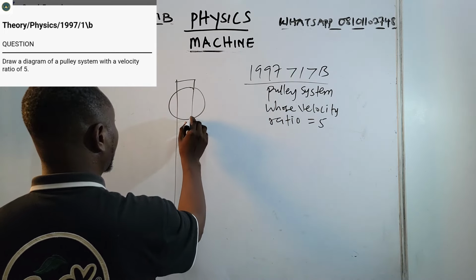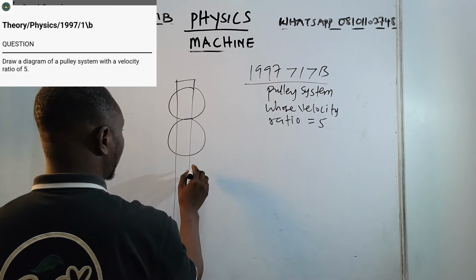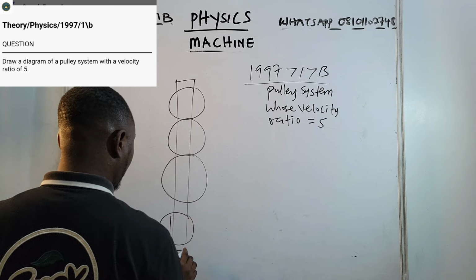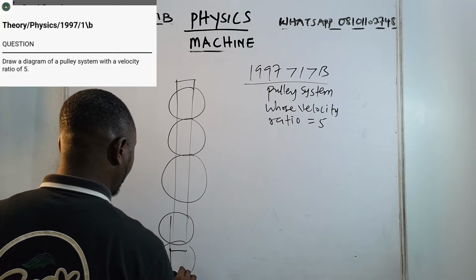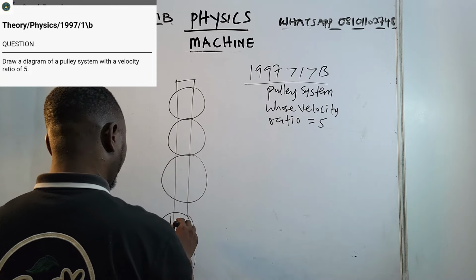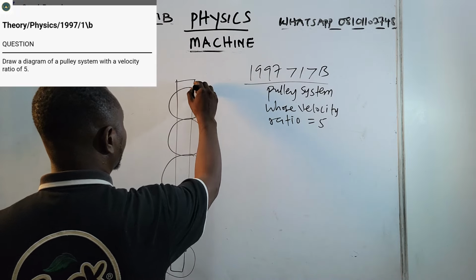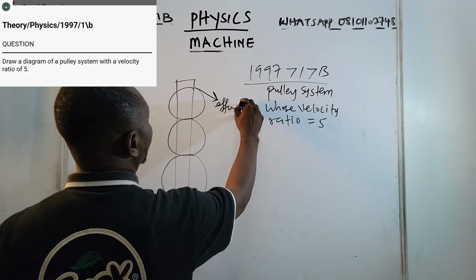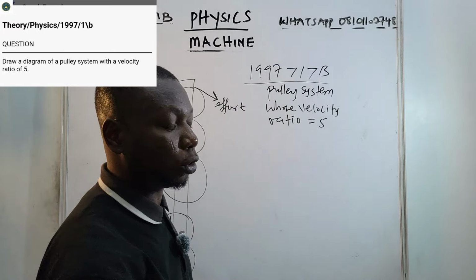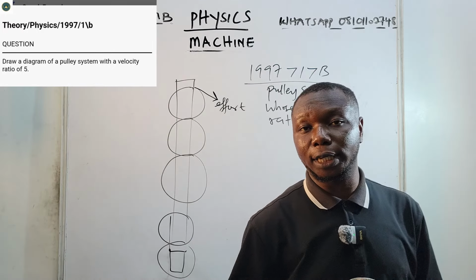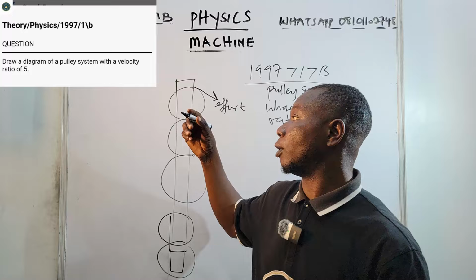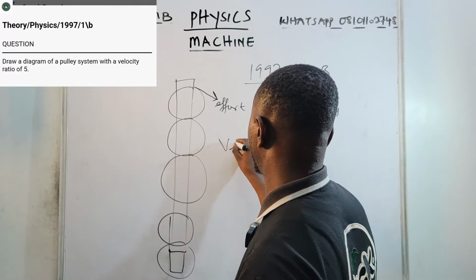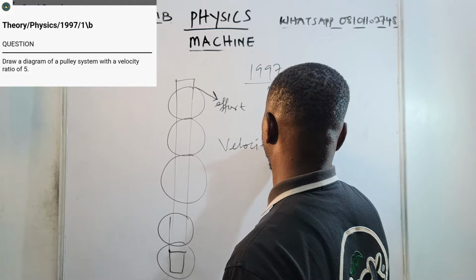1, that's the first one. 2, 3, 4, 5. Okay. So here is where you apply the effort. Just like the wheel and the axle we drew the other time. If the number of rotations becomes 5, 1, 2, 3, 4, 5, that becomes the velocity ratio.